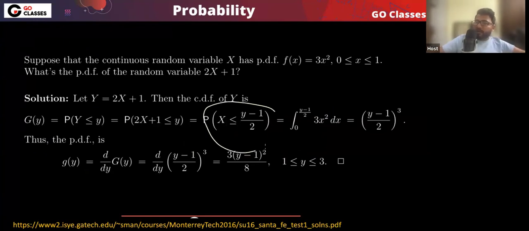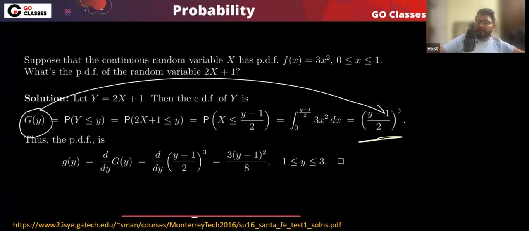And this probability we can calculate. Why? Because for x, we can calculate any probability, right? For x, we can calculate any probability from 0 to (y minus 1) by 2. You can calculate this probability, which is coming like this. Okay. So now you have the CDF of y, right? Now once you have the CDF of y, you can find out the PDF of y. How? You can differentiate it.